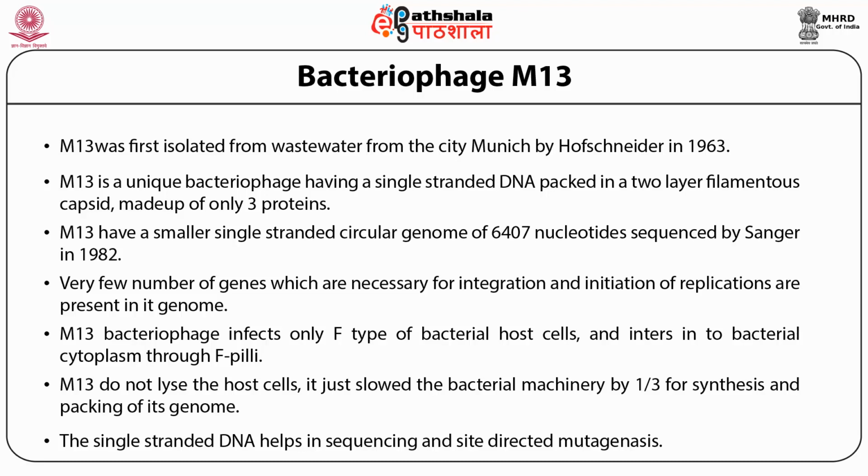M13 phages are used as cloning vectors and can be contained in both single-stranded as well as double-stranded form. Replicative form double-stranded vectors are modified and replicated inside E. coli hosts similar to plasmid vectors. Single-stranded vectors can be isolated by collecting M13 phages for sequencing.